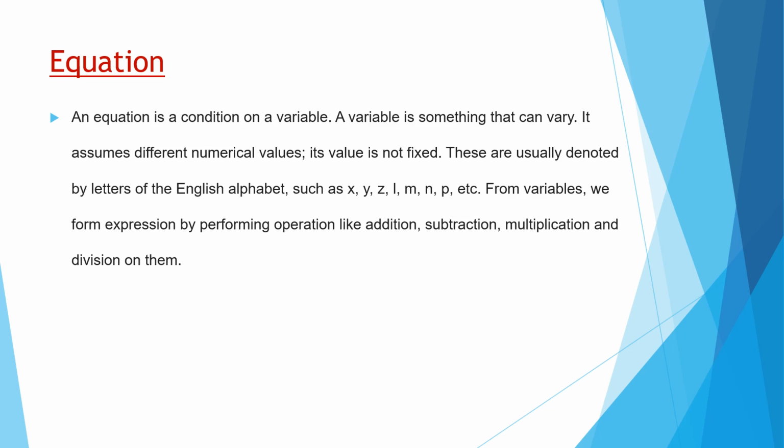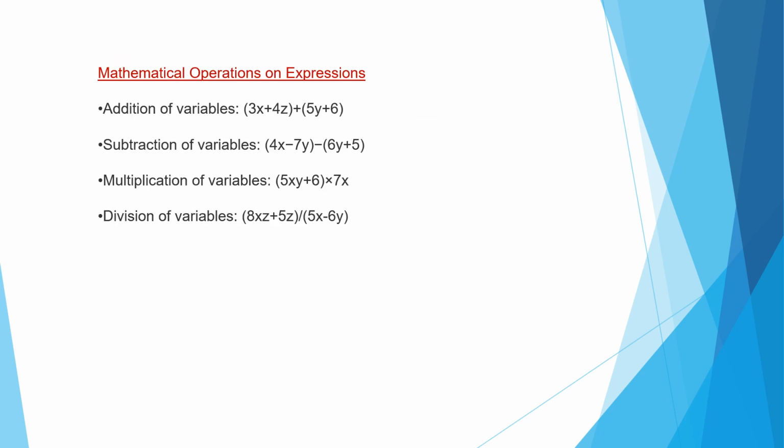From variables, we form expressions by performing operations like addition, subtraction, multiplication, and division on them. Here are the examples for mathematical operations on expressions. Addition of variables: 3x plus 4z and 5y plus x. These two expressions are going to add. This is addition.